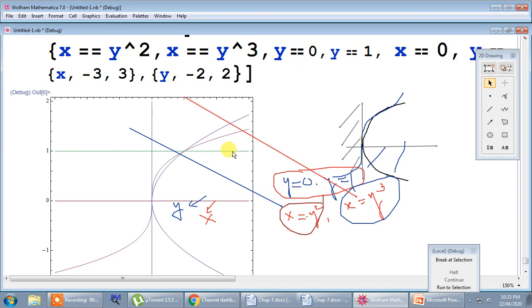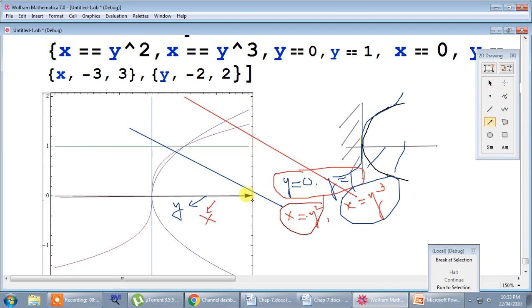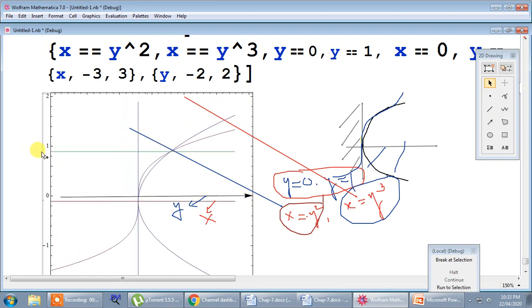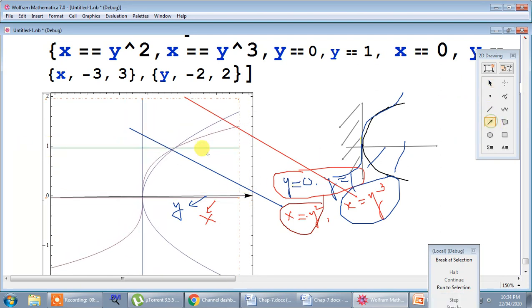You can check it out. This is y is equal to 0. Y is equal to 0 is the equation of x-axis. Okay, so this is y is equal to 0, and this one is y is equal to 1. And this is your x-axis, y-axis, x equal to 0 and y equal to 0.